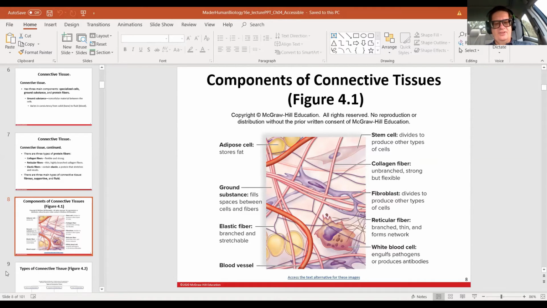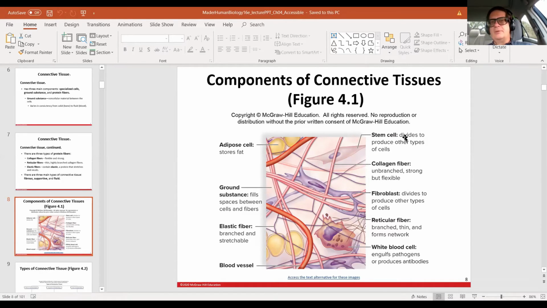Ground substance is, let's see, going back to our picture here. We've got ground substance, there's my cursor. It fills the spaces between the fibers. Elastic fibers, branched, stretchy ones, it's all great. Stem cells. Well, why do we have stem cells in connective tissue?